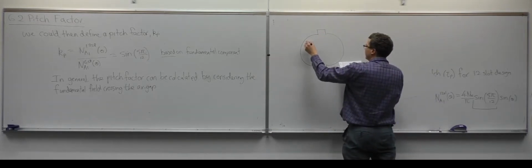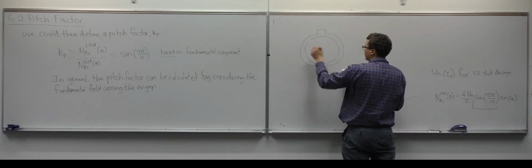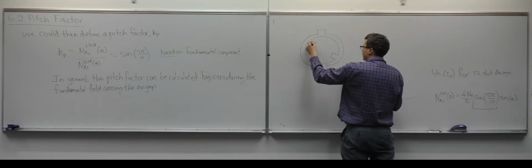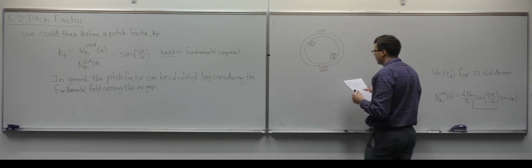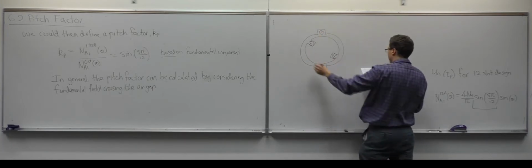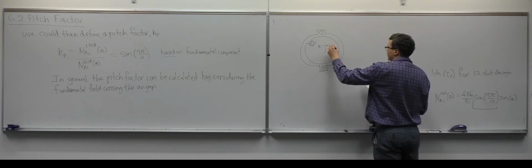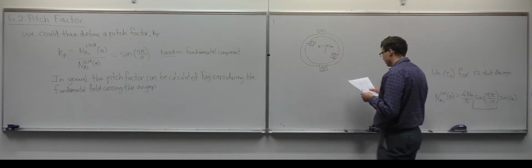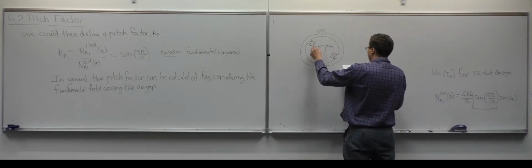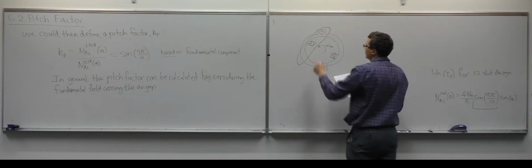So if we have a device with two windings on it, like this, then the outer one is stationary and the inner one can rotate. The inner one is going to create a field.